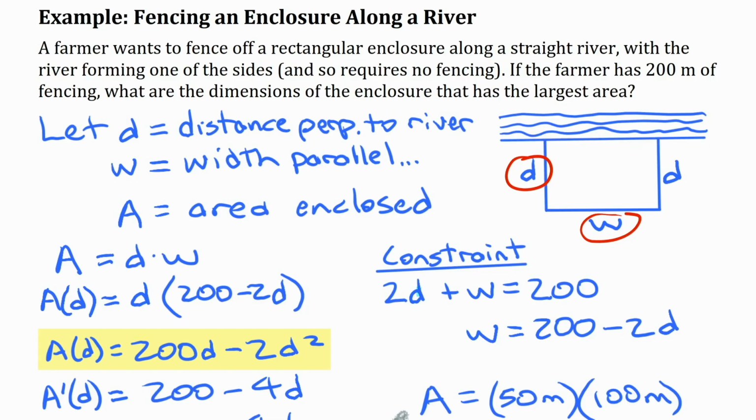That would obviously be a minimum. It would be 0 square meters. And the other way would be, if you just took the fence and went straight out and straight back, that would also be an area of 0, because you'd go 100 meters out, 100 meters back, and the width would be 0.